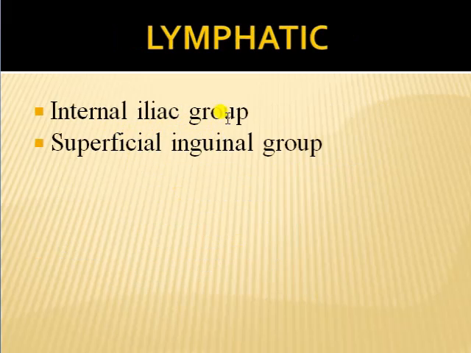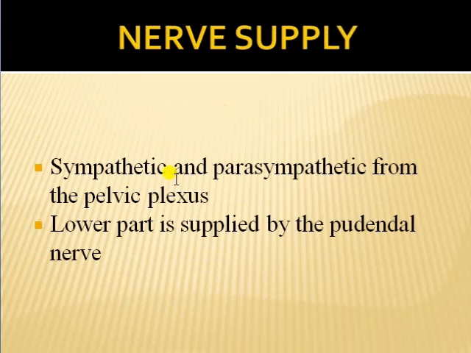Lymph: the internal iliac group and superficial inguinal group are present. Nerve supply: sympathetic and parasympathetic from the pelvic plexus. The lower part is supplied by the pudendal nerves. Here also, simply remember pudendal artery and pudendal veins, and after that they give the respective name of the organ.